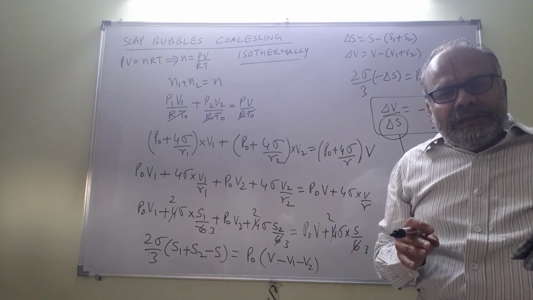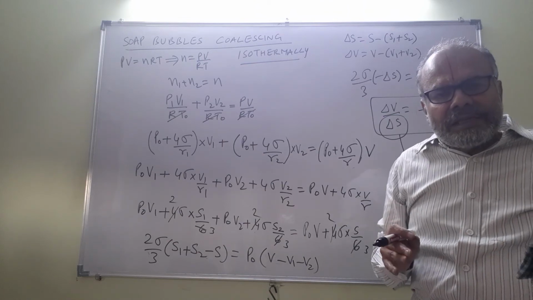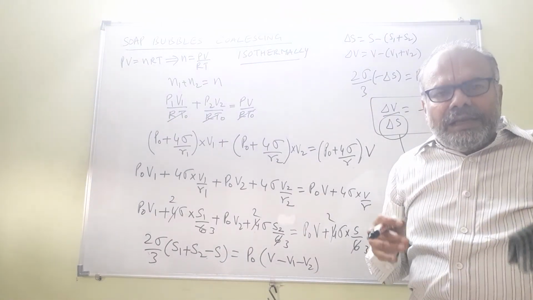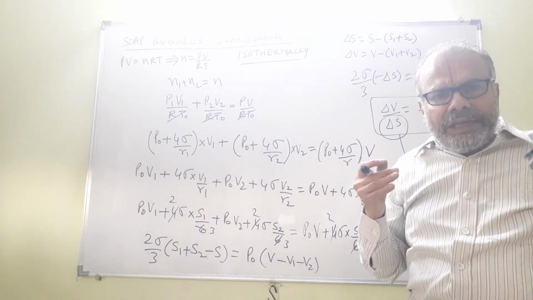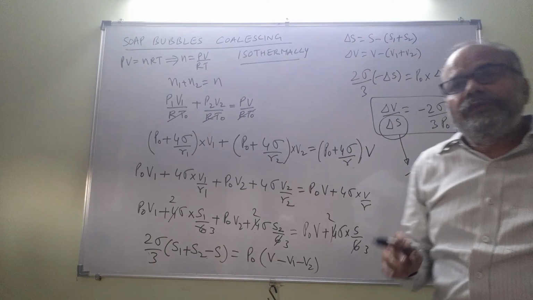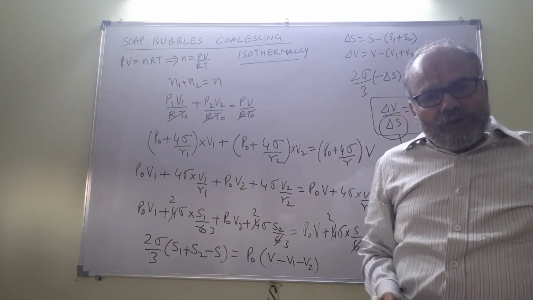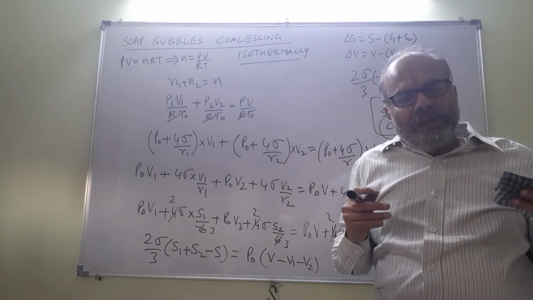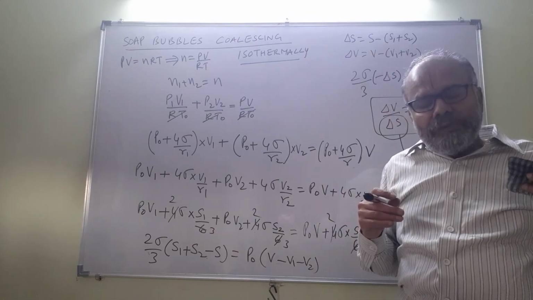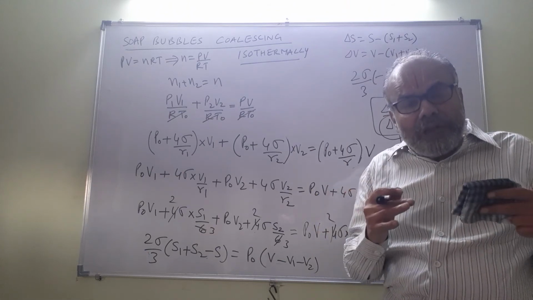That is, the air inside the bubble does work on the atmospheric air outside. So delta V is positive. Now, if the bubble does positive work on the atmospheric air outside, why do you say positive work?